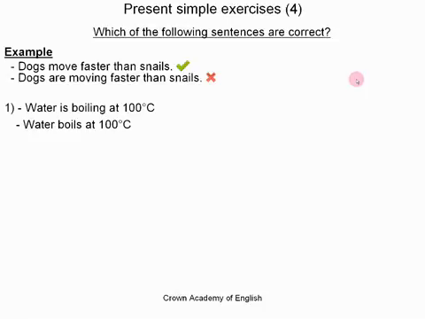Okay, so which one is it? Well, here's the answer. It's a fact. Water boils at 100 degrees centigrade. It's always going to happen like that. It's permanent. So we use the present simple.